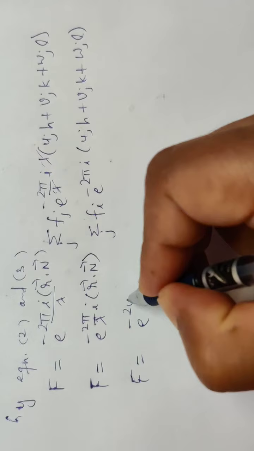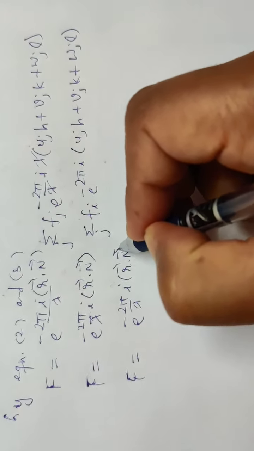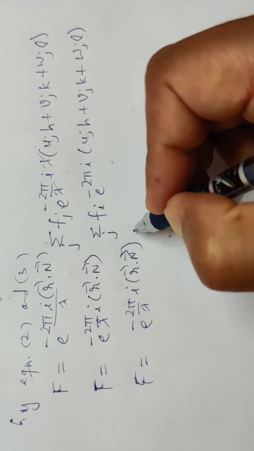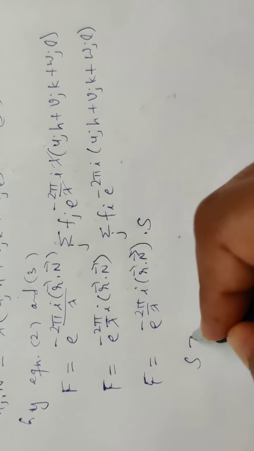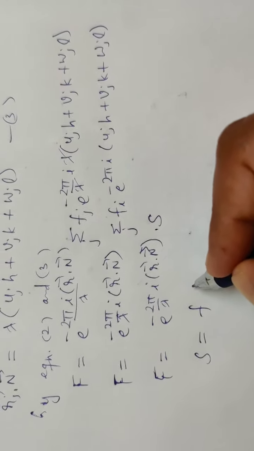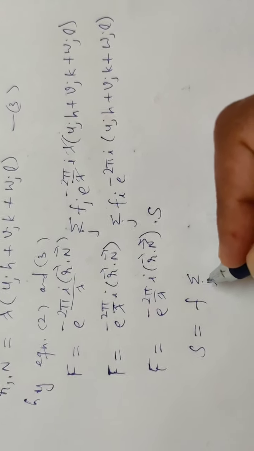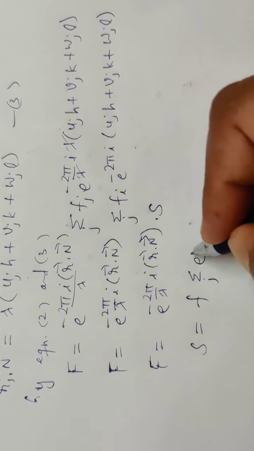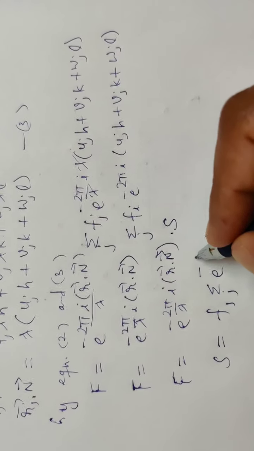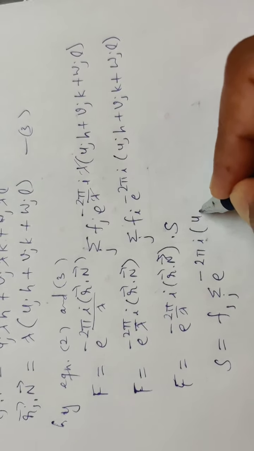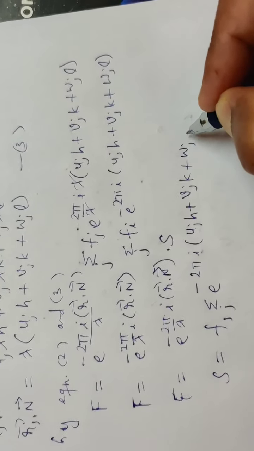e raised to power minus 2 pi upon lambda iota r dot n into S, where S is equal to summation over j of fj into e raised to power minus 2 pi iota (uj h plus vj k plus wj l).